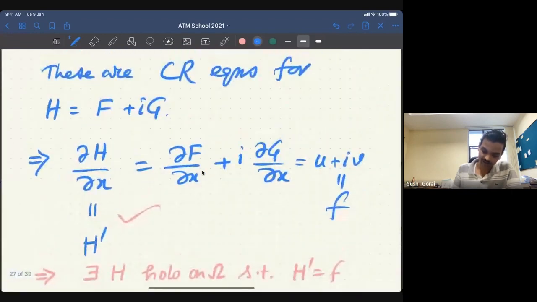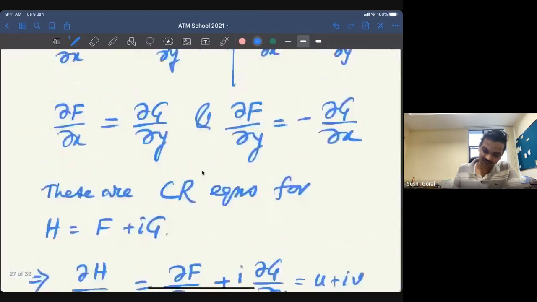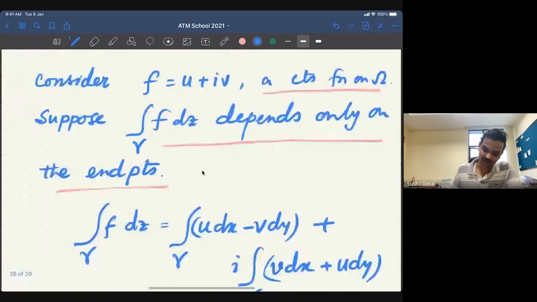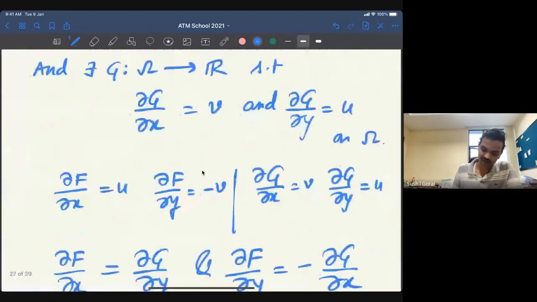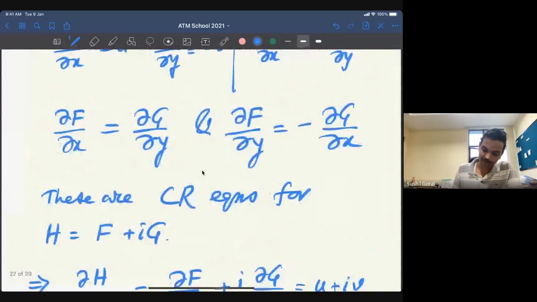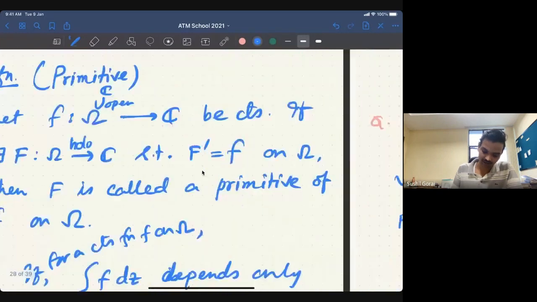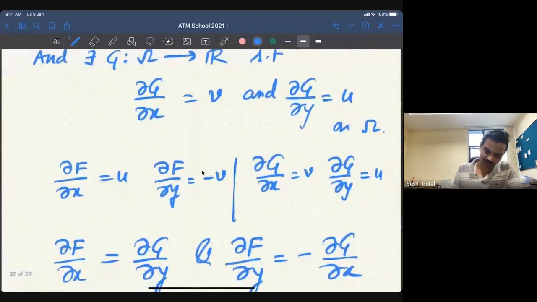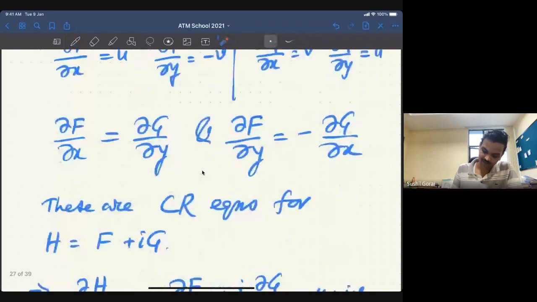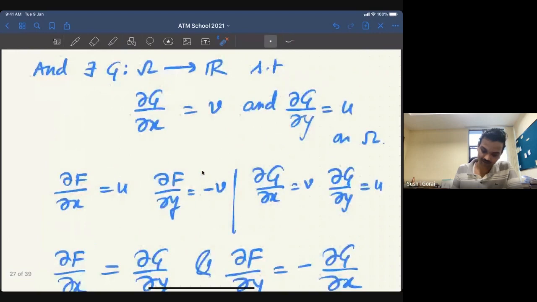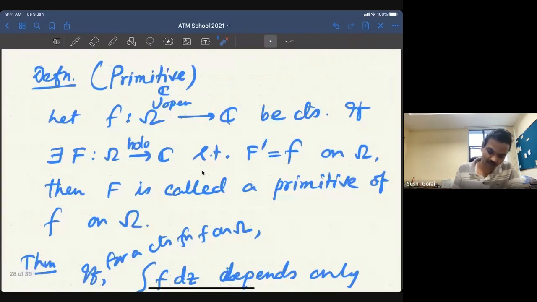Yeah, here. So this two means that there exists a primitive. It would come from this kind of computation, which I would invite you to do.